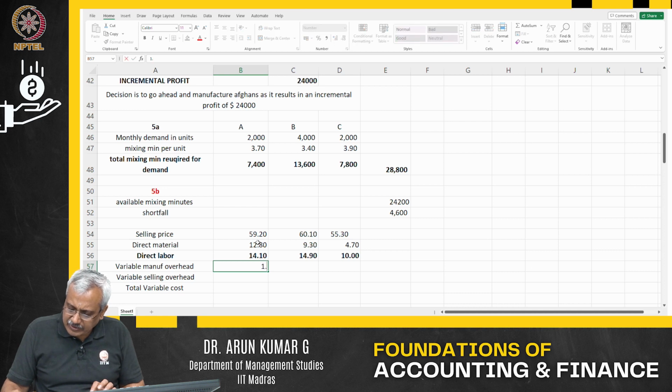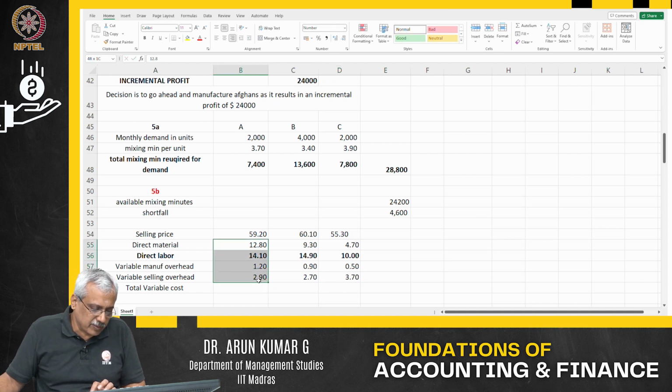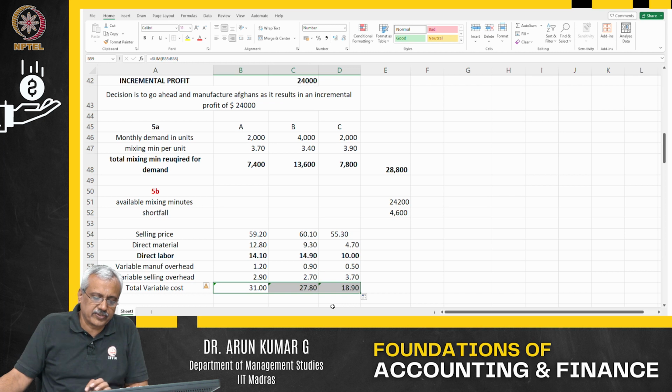My variable manufacturing overhead is 1.2, 0.9 and then 0.5, and variable selling overhead is $2.9, $2.7 and $3.7. So, what is my total variable cost? I just have to sum this up, and this is my total variable cost on all the three cases.